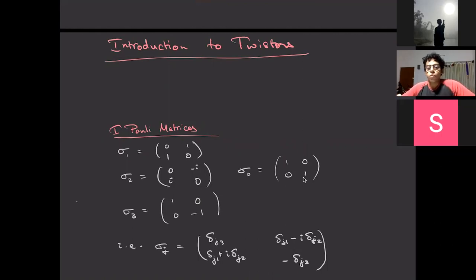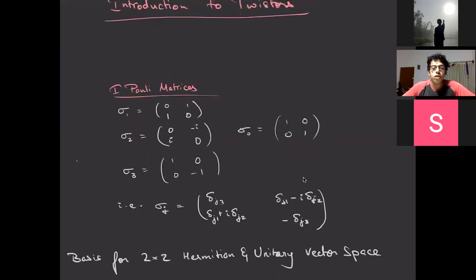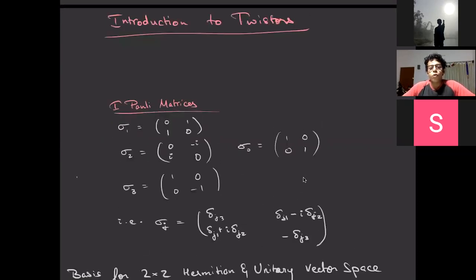Then we'll move on to discuss how Pauli matrices actually help to build spinors, and then we'll connect spinors to twistor spaces in Minkowski space, right? And then we'll think about some generalizations, and we'll see how to go ahead from that.